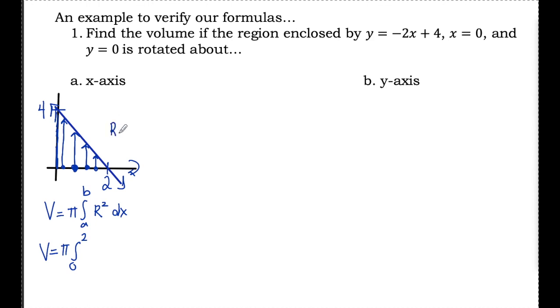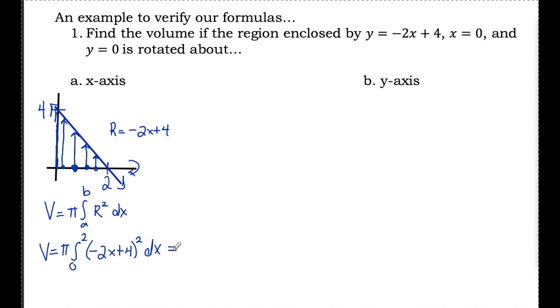That means that I can write capital R as the equation of that line, negative 2x plus 4. Any x value that I plug in between 0 and 2, I'll get the distance from the x-axis to this line, which is what I need to represent for r. So when I plug that in, I'm going to have negative 2x plus 4 squared dx.